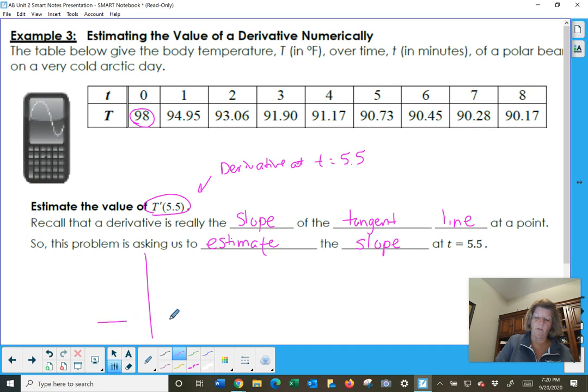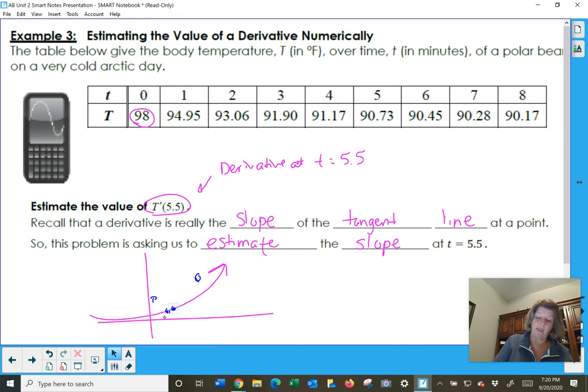Well, remember when we were working with these points, and we had this graph, and we said we have this point P and Q, and we want to bring Q closer and closer to P. So what I want to do is find a place on my chart where I'm very, very close to 5.5.